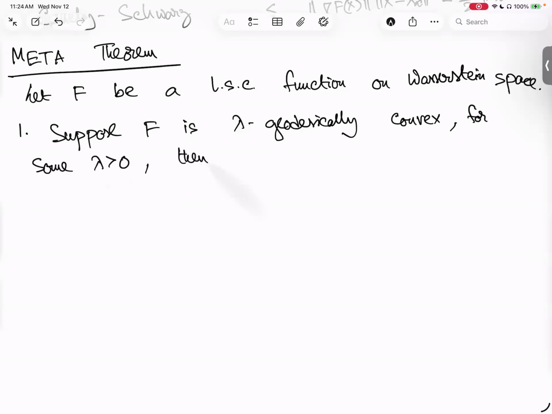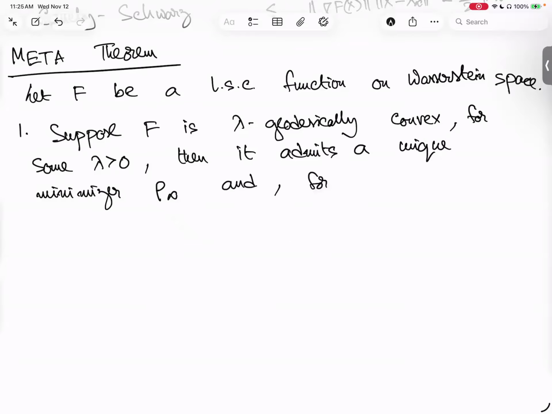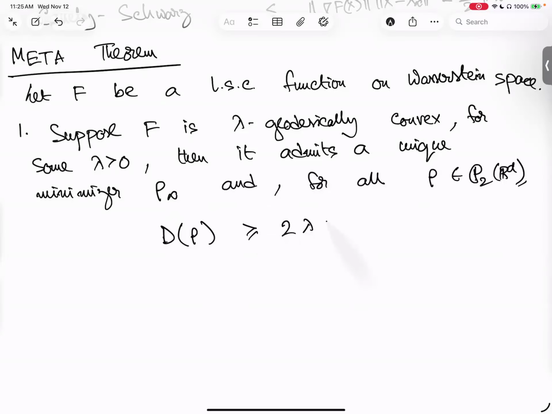Then it admits a unique minimizer rho infinity, and for all rho in P2 of Rd, d of rho is greater than or equal to twice lambda times f of rho minus f of rho infinity.